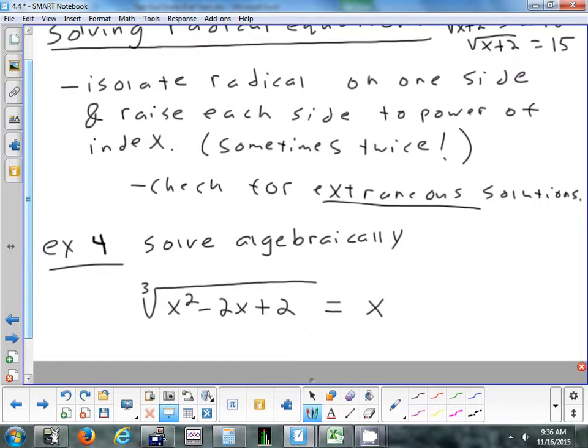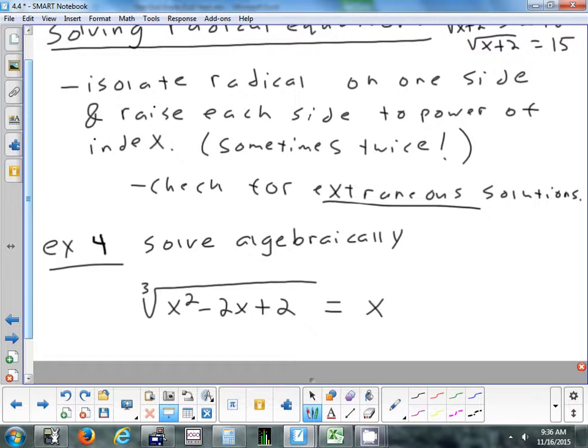All right, so in this one, is the radical already by itself? Yeah. There's nothing else on the outside of the radical. Jamie, what kind of root is that? It's a cube root. So Justin, what's the opposite of cube root?